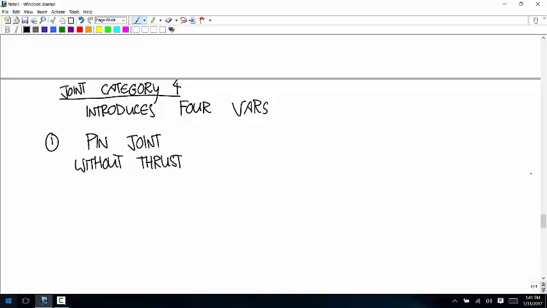Let me draw a pin joint without thrust. Here's the pin. And we have one body there and another body there.